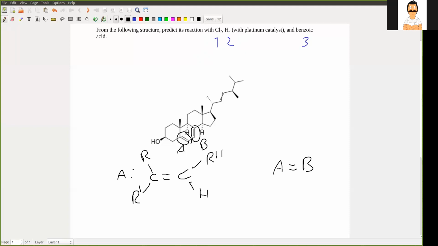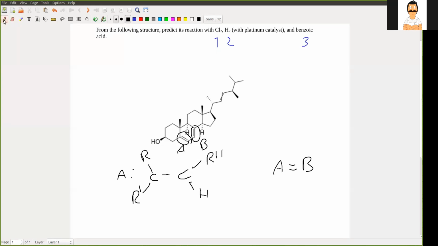So what we would want to do is go ahead and see what would happen if we added chlorine to this reaction. Now, if it's HCl, then it would break the double bond and add a hydrogen on one side and a chlorine on the other. If you're adding just straight chlorine gas, it'll break this double bond.